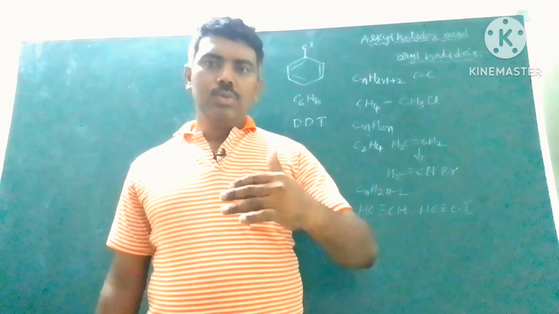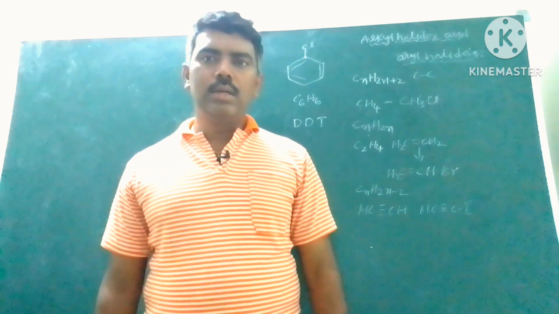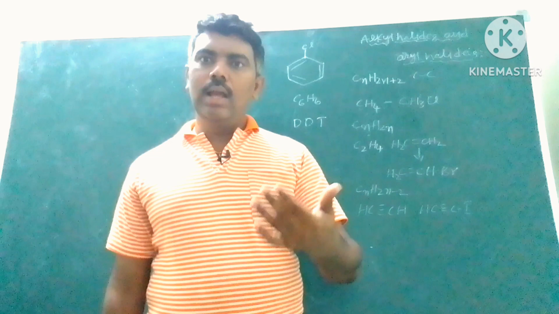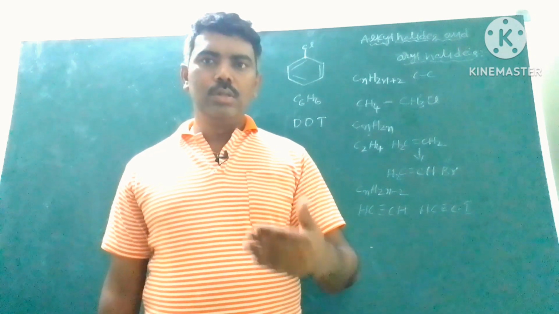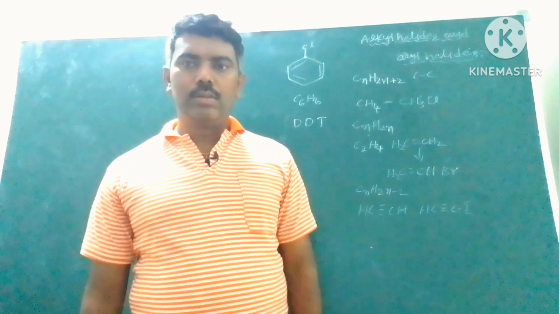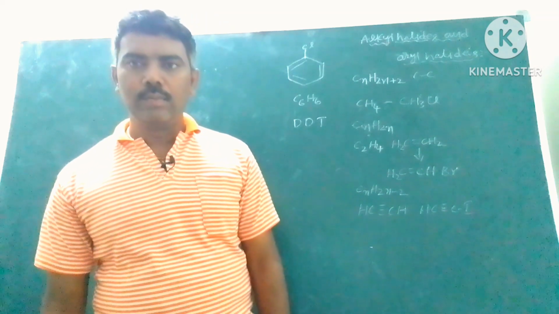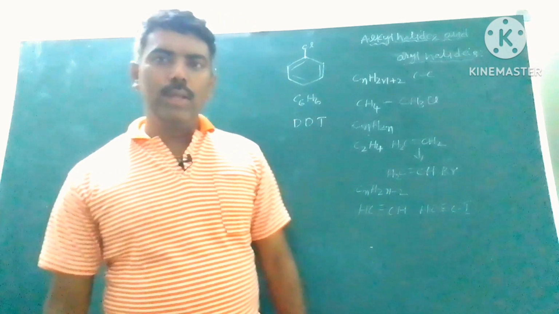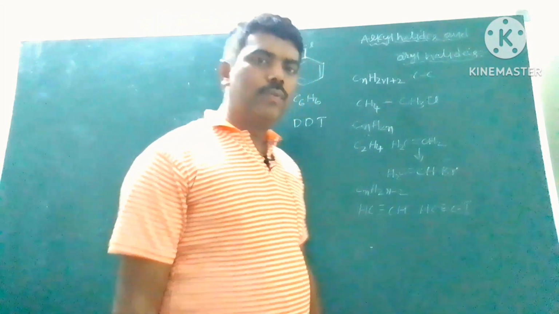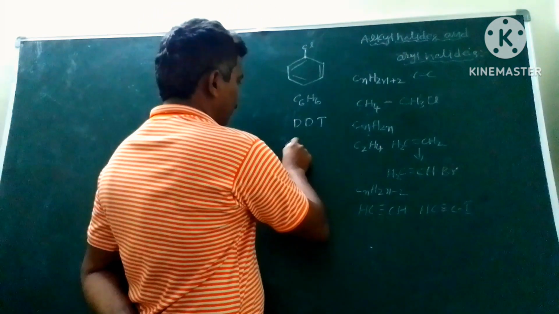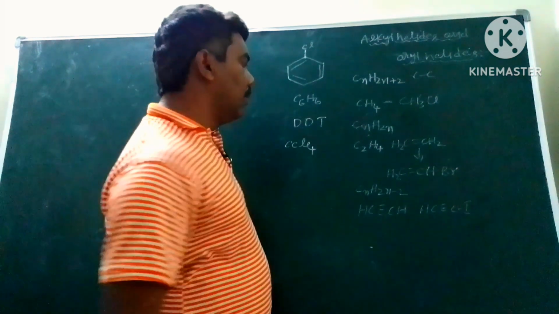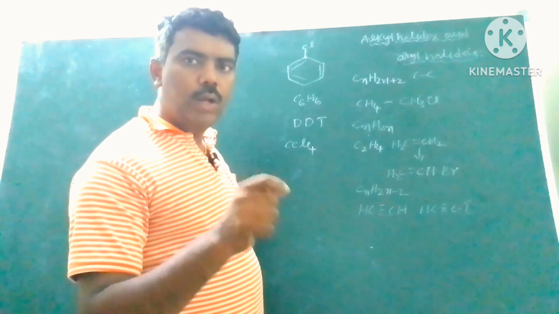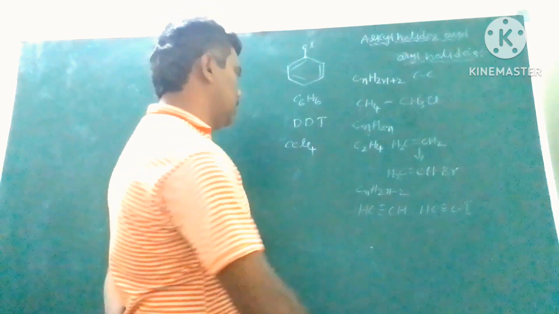Like that, many compounds are utilized in our day-to-day life. The alkyl halides or aryl halides are also used as solvents, non-polar solvents. Non-polar compounds are soluble in non-polar solvents. What are examples of non-polar solvents? Carbon tetrachloride is one of the non-polar solvents.